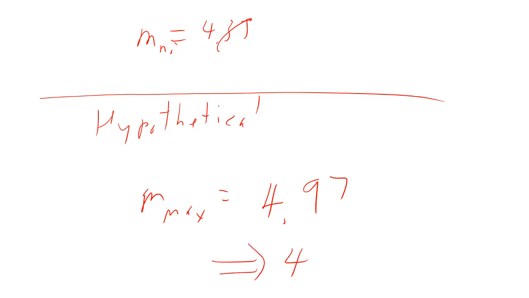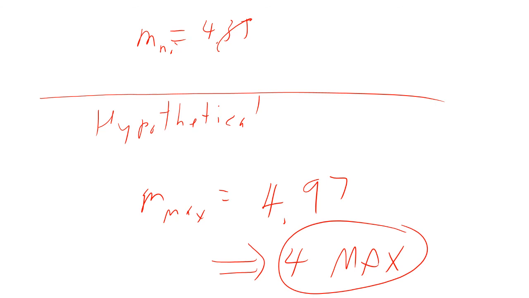That's still 4. Because that means you cannot get to 5. If you cannot get to 5, you don't get to 5. So that means it would still be a maximum of 4. And so this is one of these cases that you cannot round up. You have to always round down, because this is telling you what the maximum is, and it has to be an integer. So the maximum integer is 4.